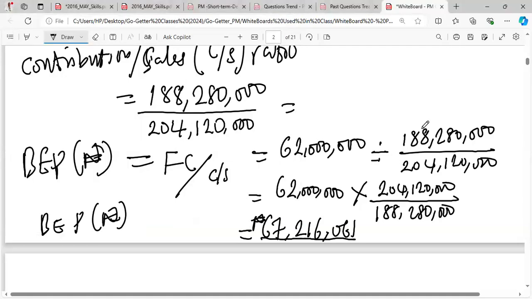Now, the reason why I did this again is sometimes you may encounter something where this is the only best method you can use in solving it. So no problem. You can go ahead and use your 62 divided by 0.922.